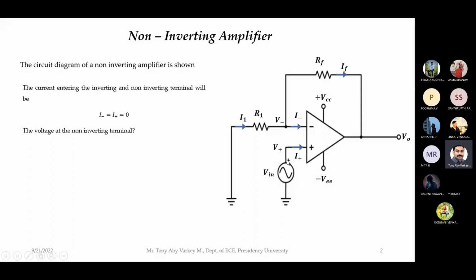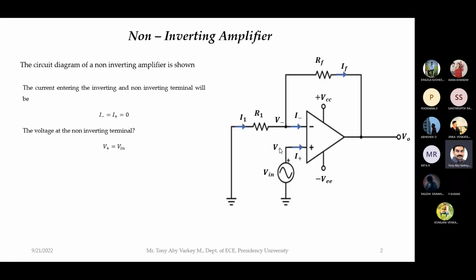Is it connected to ground? No, right? So what is it connected to? V in. Please note here the non-inverting terminal is connected to V in, which means V plus should be equal to V in. Is it correct? You understood?